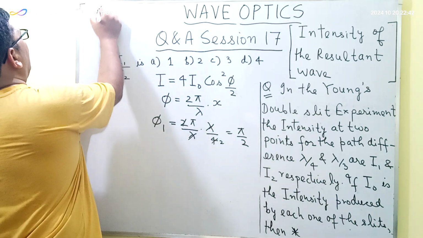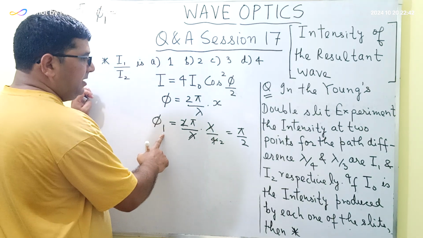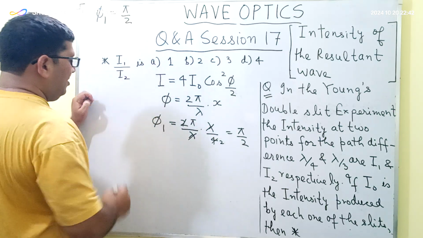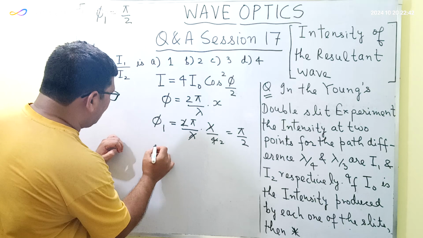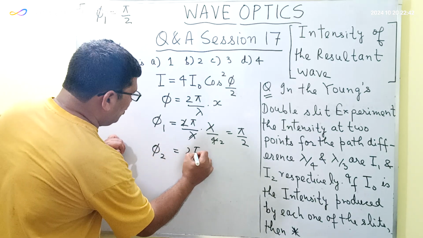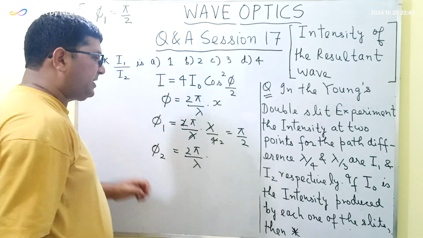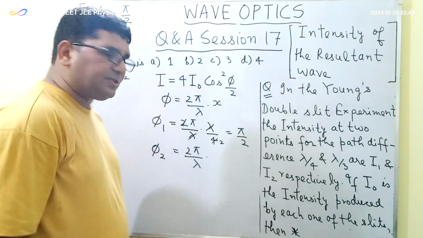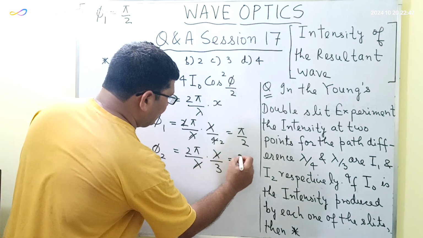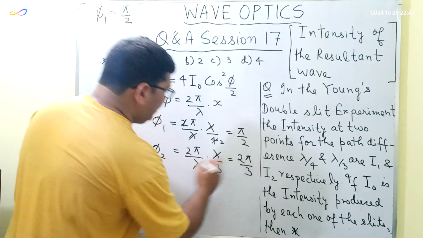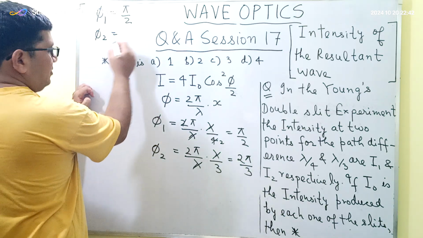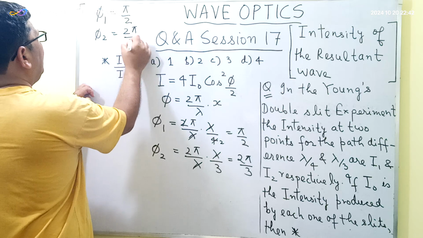So in the first case, the phase difference is equal to pi by 2. In the second case, let us say the phase difference is equal to phi 2. So phi 2 will be equal to 2 pi upon lambda, and in the second case, the path difference is equal to lambda by 3. So this is equal to 2 pi upon 3. So in the second case, the phase difference is equal to 2 pi upon 3.